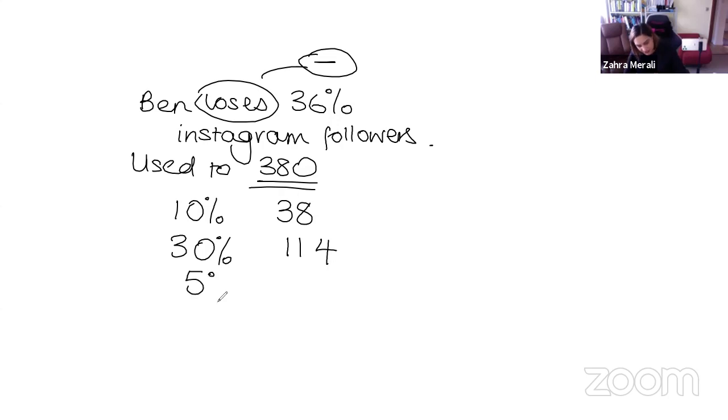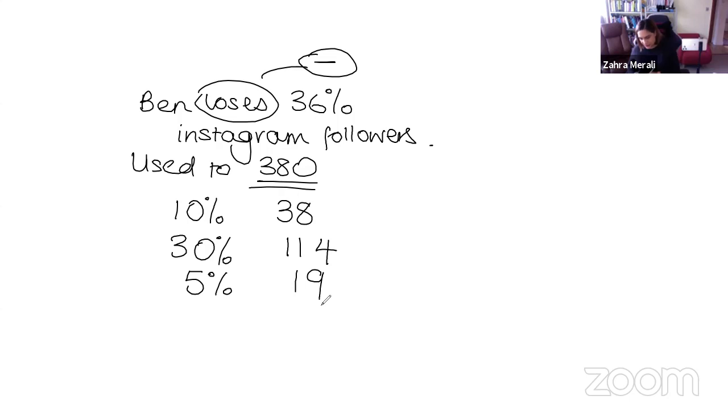We can work out 5% quite easily, because we can take 38 and we can half it. Half of 30 is 15. Half of 8 is 4. Add them up and you've got 19. So now we've got 35%. So we need that extra percent. Do you remember, to get 1%, we divide by 100.